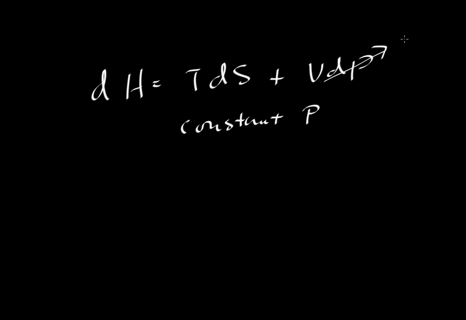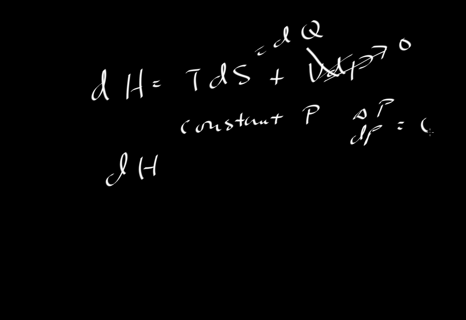That means dP goes to 0, this term drops out, and then this thing here is simply equal to Q. So dH, under conditions of constant pressure, where dP is equal to 0, that means that dH is equal to dQ. It's not always equal to dQ, it's only equal under those conditions, otherwise we have this extra term.